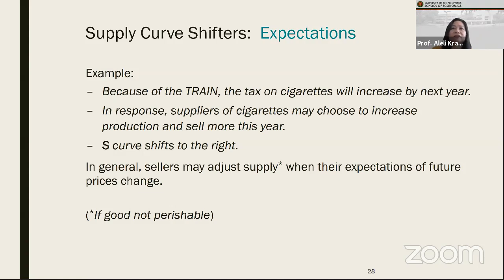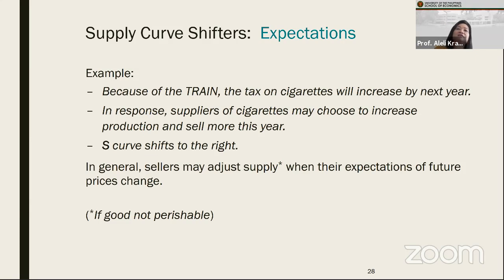An example that I gave before was on cigarettes. They expected that the tax on cigarettes will increase, and because of the tax, they would expect that consumers would consume less, right?